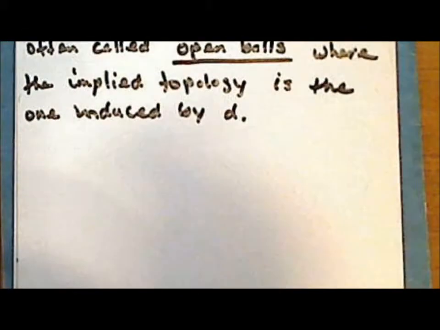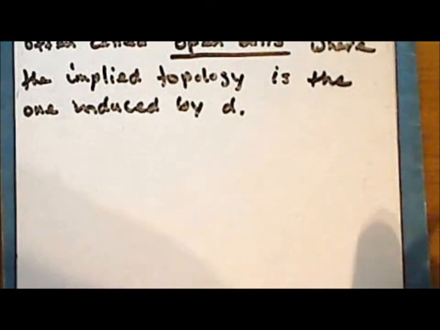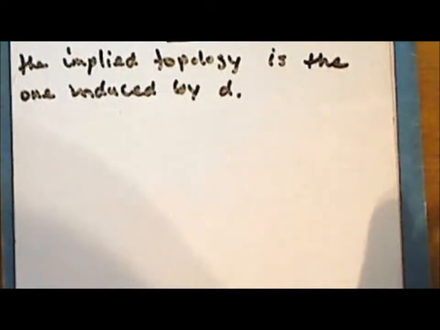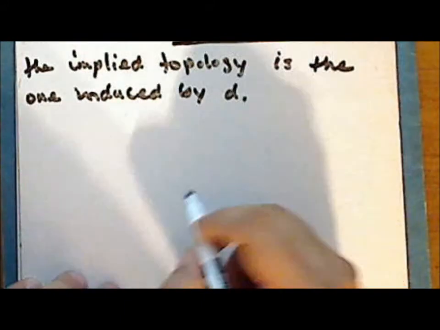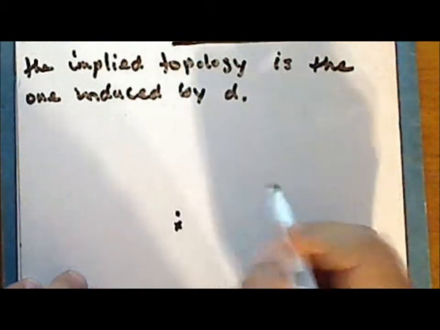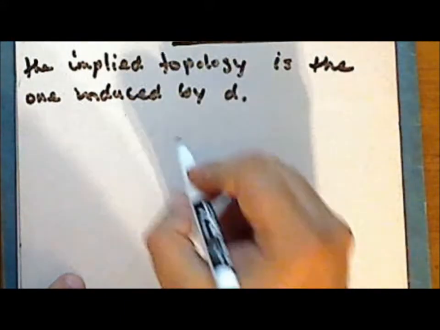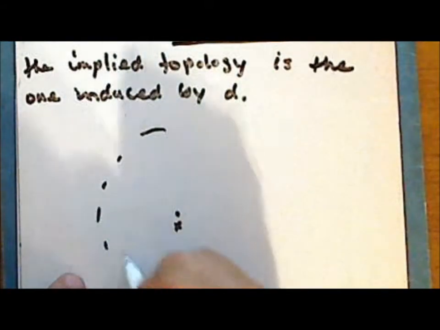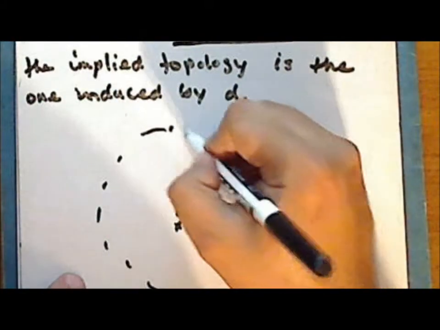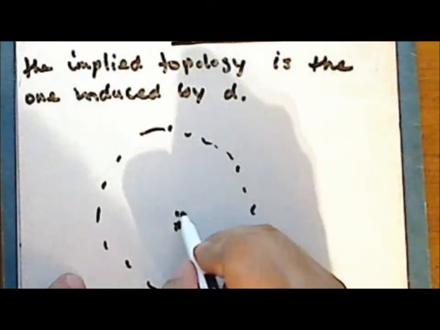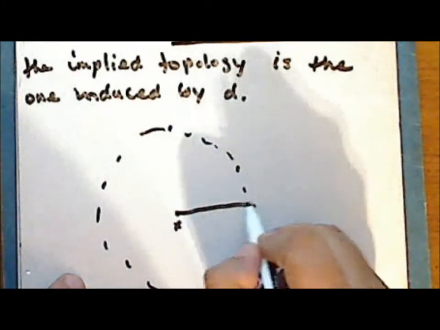Now I'm going to attempt to represent in a plane what this might look like. So let's say we have a point X and an open ball centered at X with radius epsilon.